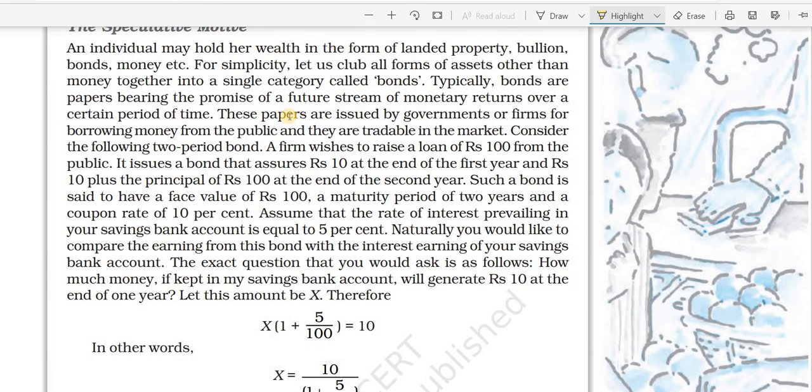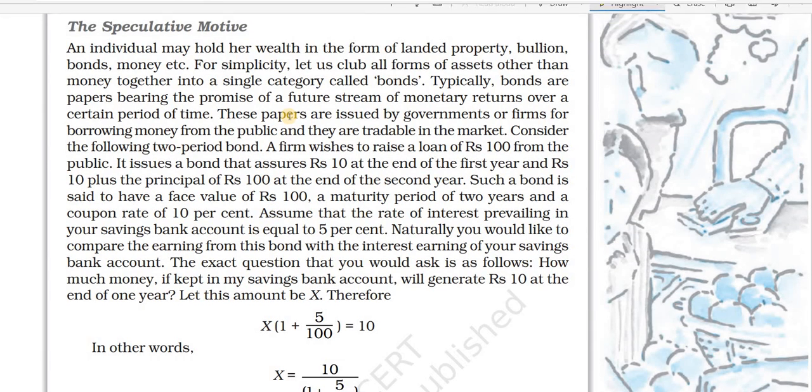Then another demand, we know speculative demand is there, and transaction demand is there. That one we already studied in the last class.